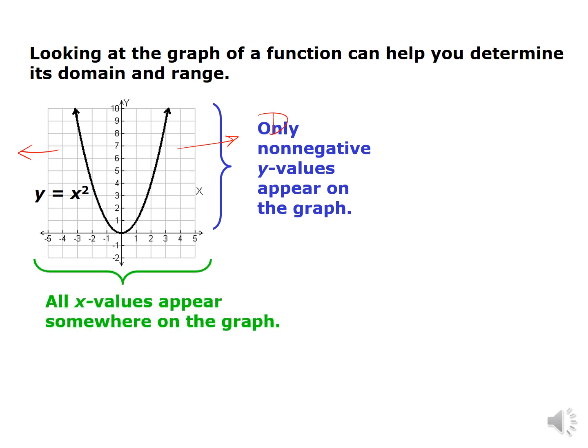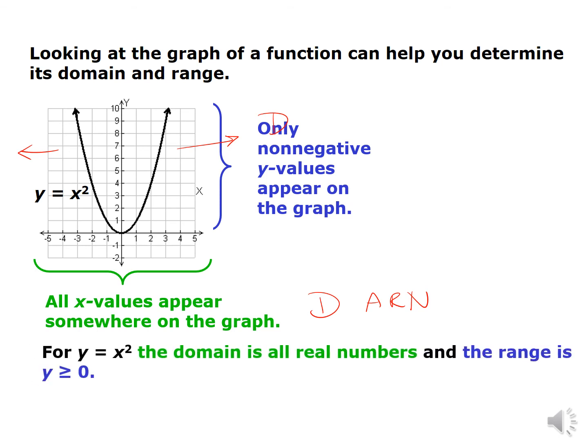But all my x values appear somewhere on the graph. So my domain is all real numbers. We've learned how to abbreviate that. But my range is going to be limited. It's only going to be y is greater than or equal to 0, because there are no y's down here.